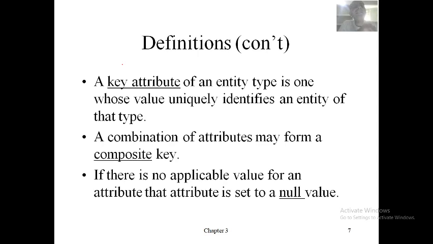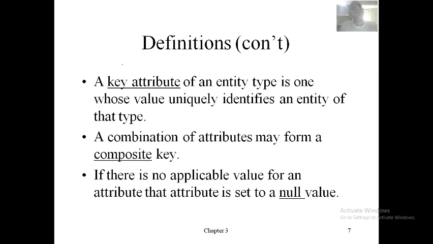If that primary key is not there, the same Kiran's information can be entered any number of times, so that record, that tuple, that row will not be unique. If you have a key attribute, then that tuple or record is unique in the entire database.